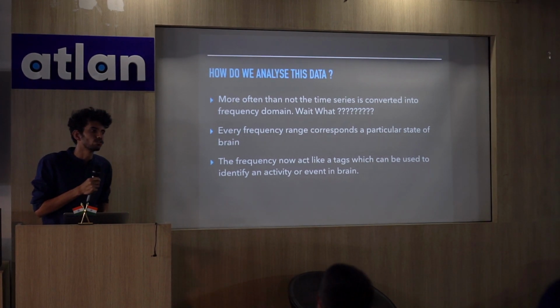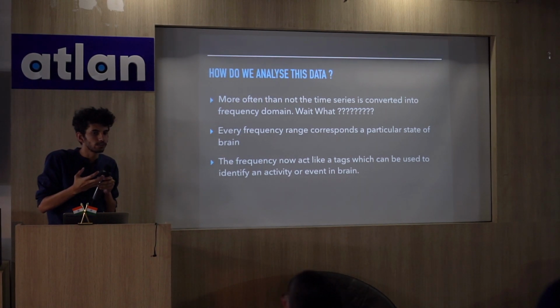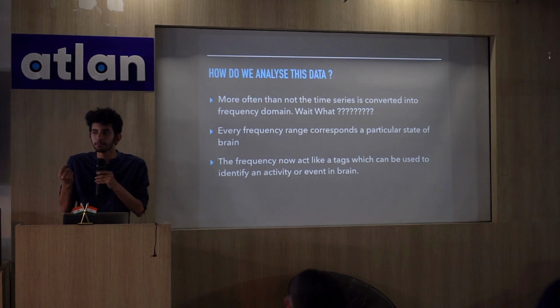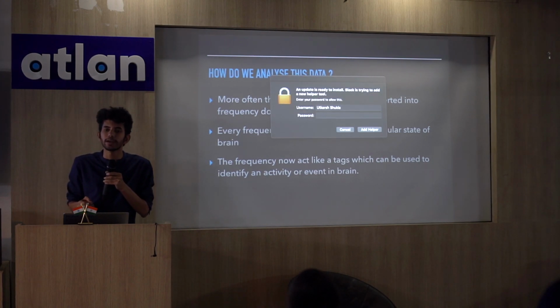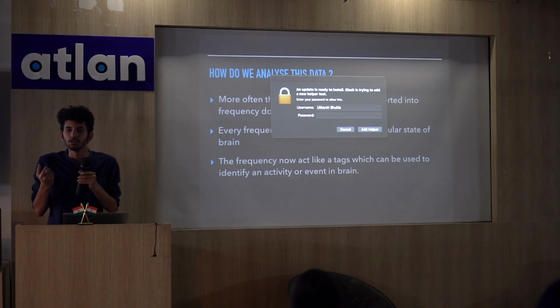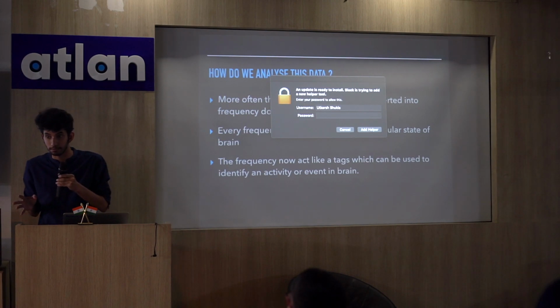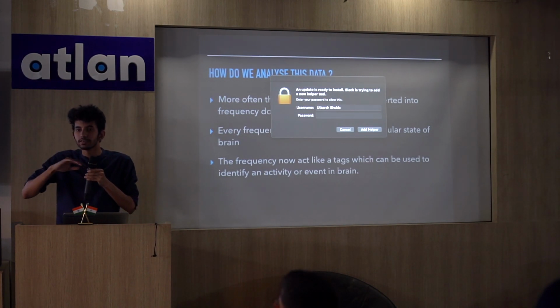All right. So for every instance that an electrode records data from your brain, you get a voltage which corresponds to that particular time. Generally for every second you get approximately 128 to 256 values. That means for every second you record your brain 256 times, across all the 16 channels. So it's time series data.